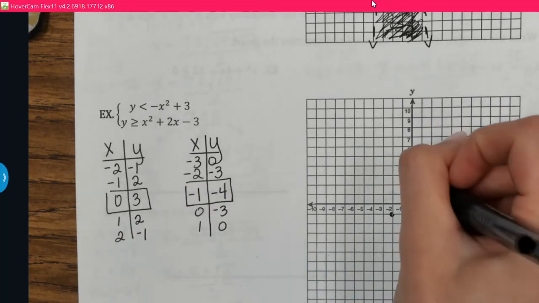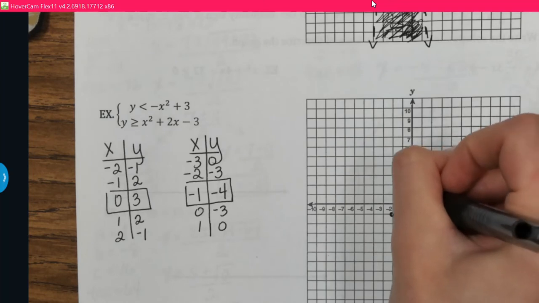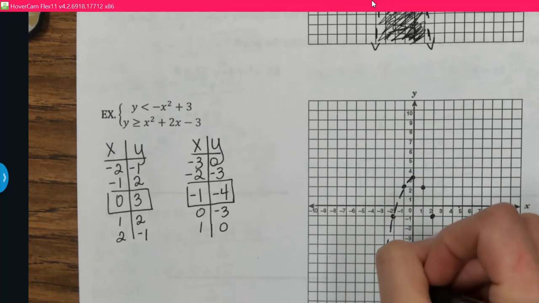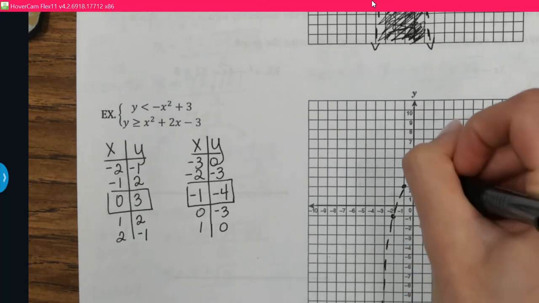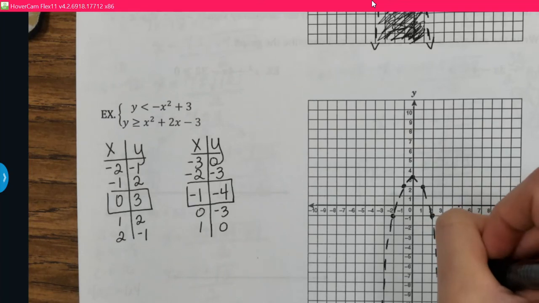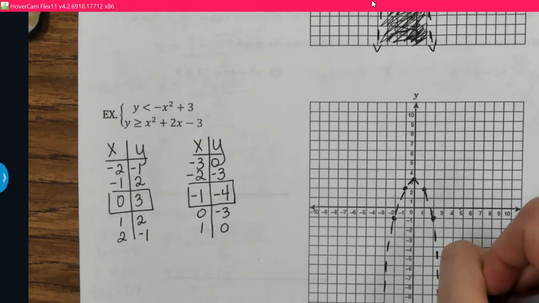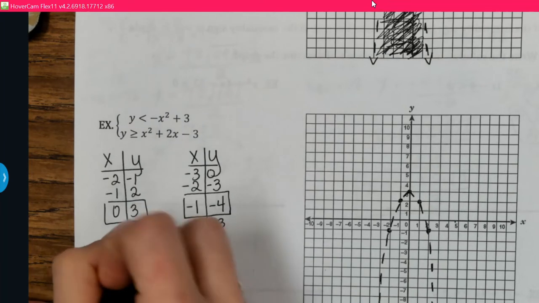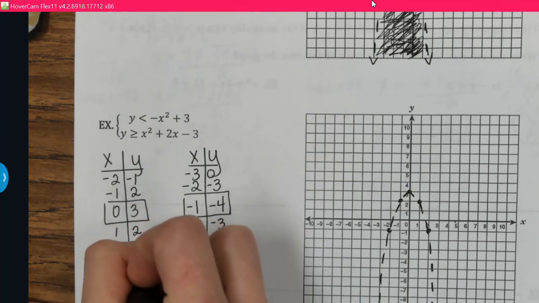Dashed. Make sure when you're graphing it, I can tell if it's dashed or not. Okay, and I'm going to lightly shade. I'm going to find my test point and figure out where I should lightly shade.